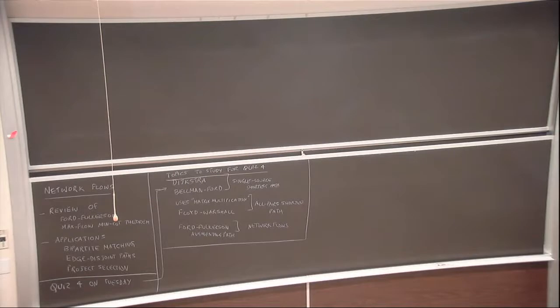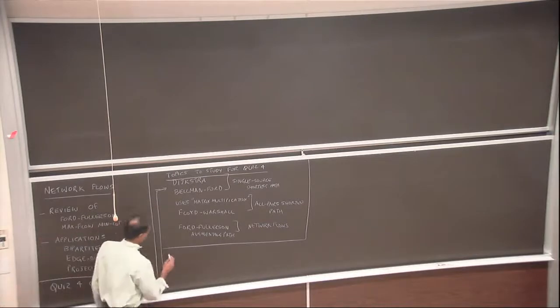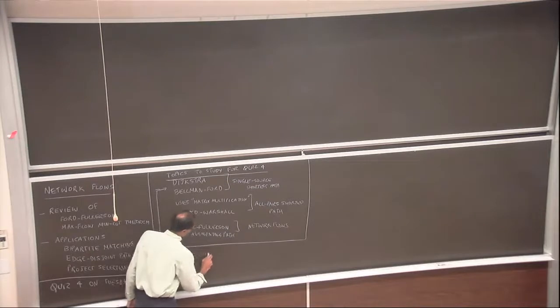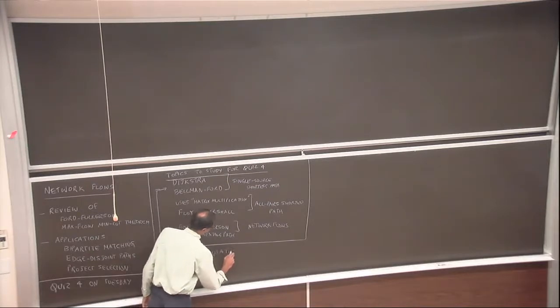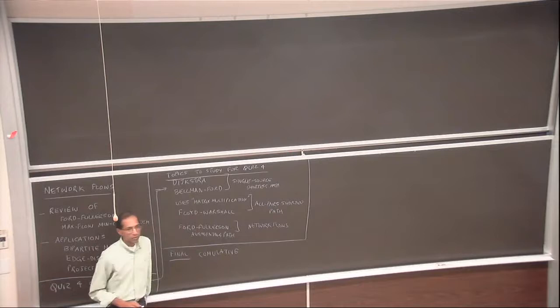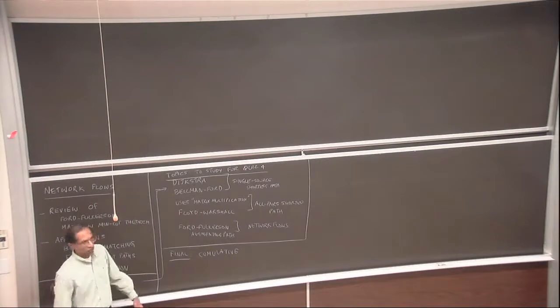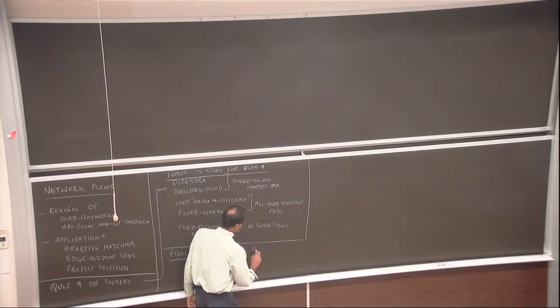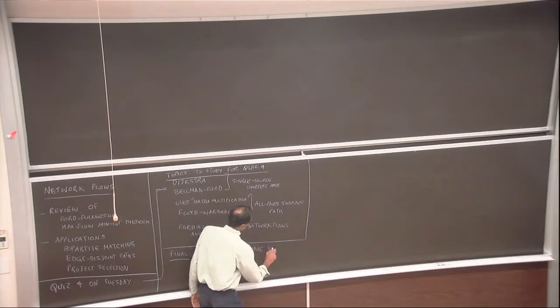Since we're talking about the final, it would be cumulative. So it will be for the entire course, except you can be assured that there will be more weight given to the second half of the course.